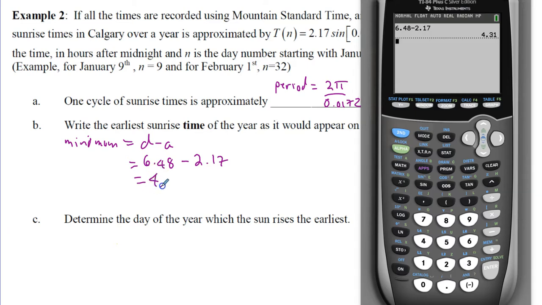4.31. And a digital clock shows hours and minutes. So we'll subtract off the 4. We've got 4.31 minus 4 gives us 0.31 hours.